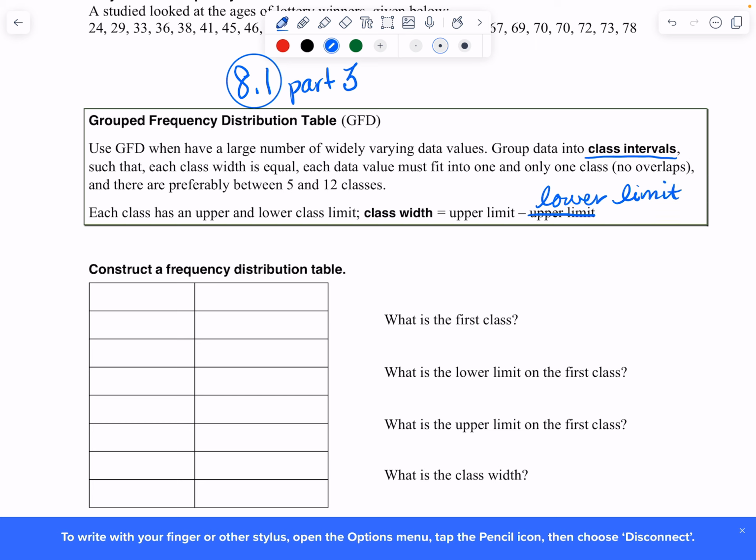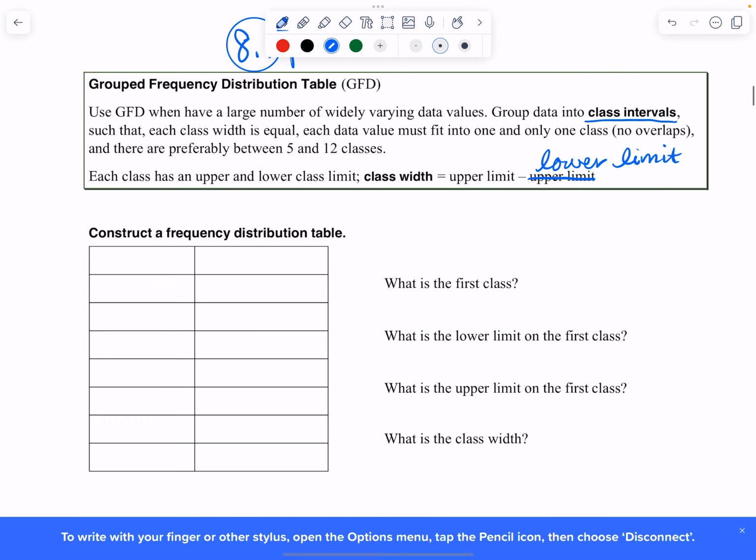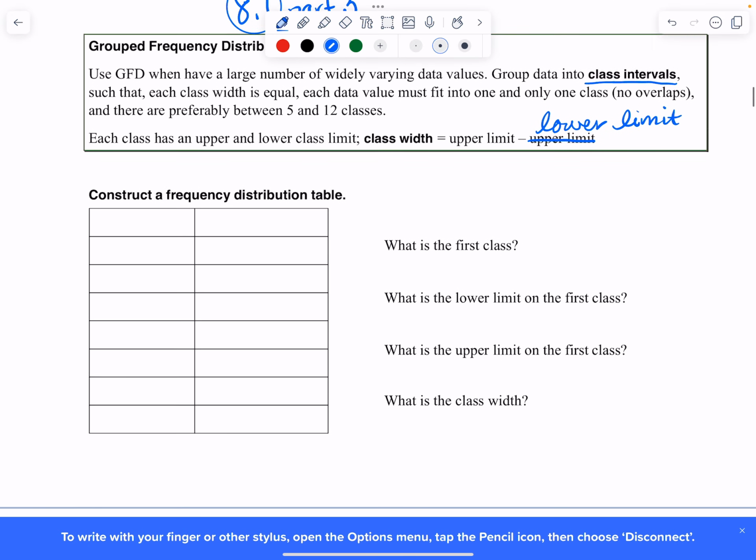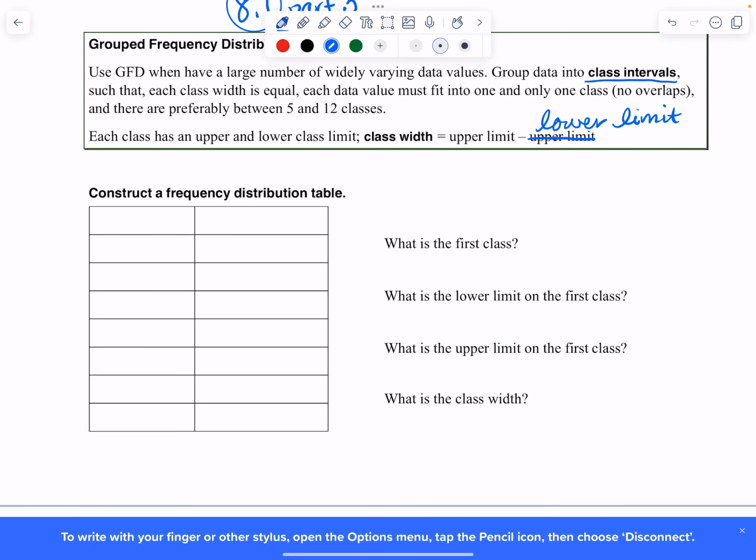And now we're going to construct a frequency distribution table that shows grouped frequency. So this is going to be a number of individuals, and then this is going to be the frequency. Let's say there's a neighborhood turkey trot, and let's say the people are aged from like 10 to 70 or so.